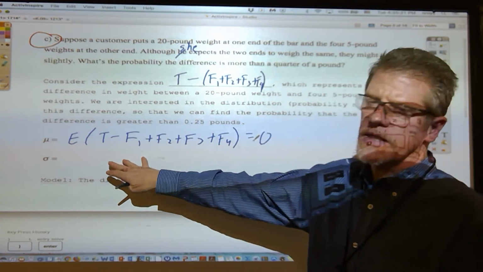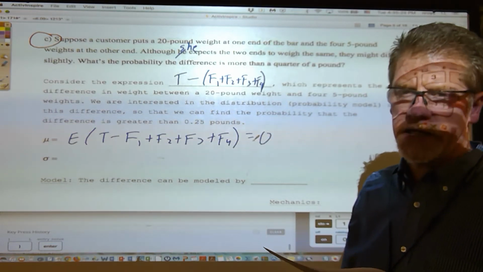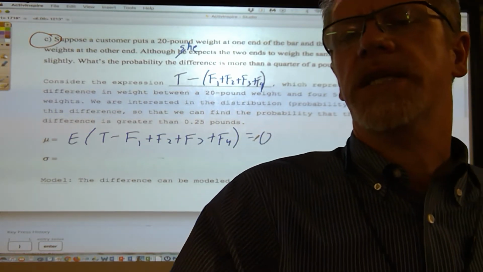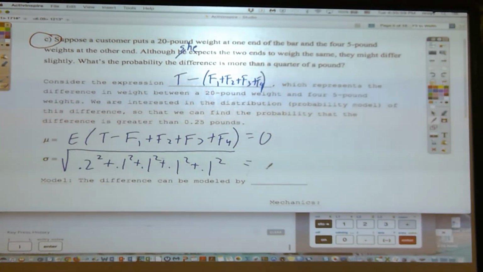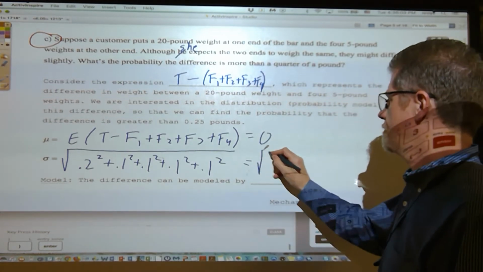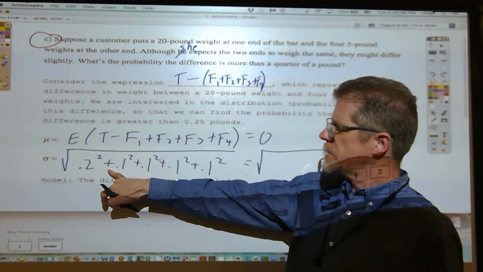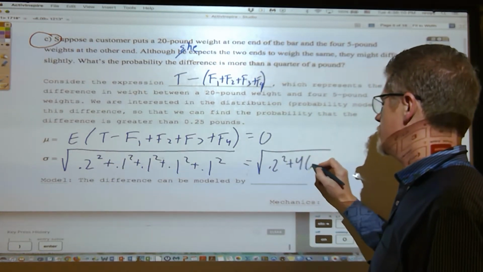I would like you to calculate the standard deviation on your own though, and I'm going to pause while you calculate it. All right, we're back. So the plus sign is here even though we're subtracting. So we have 0.2 squared plus 4 of these 0.1 squareds.